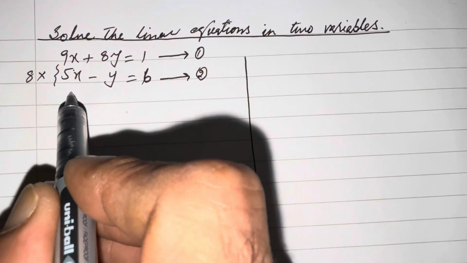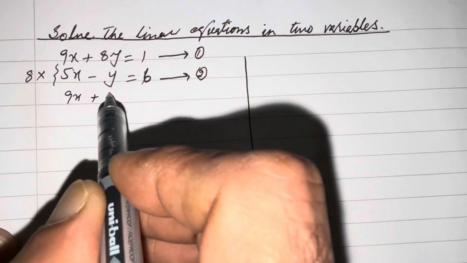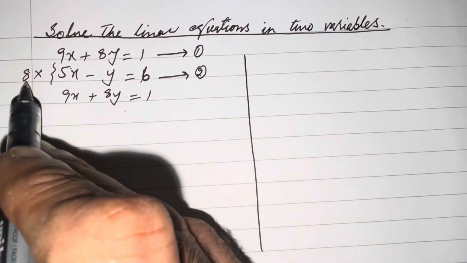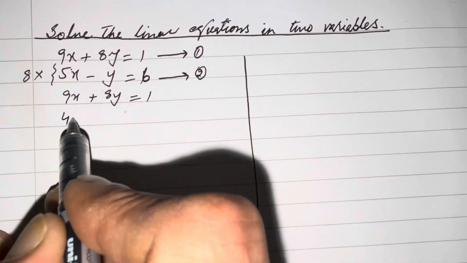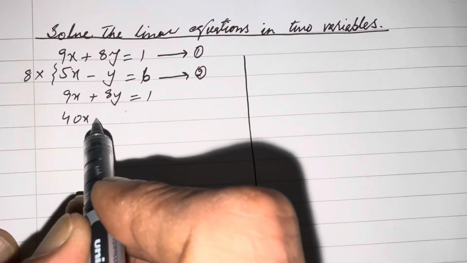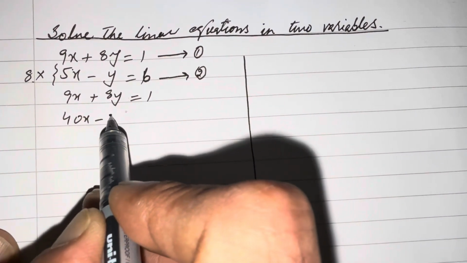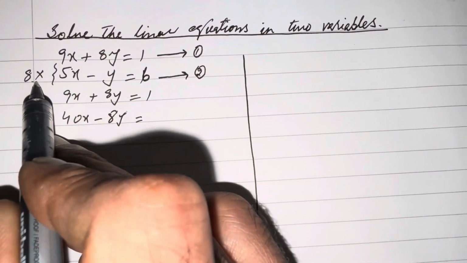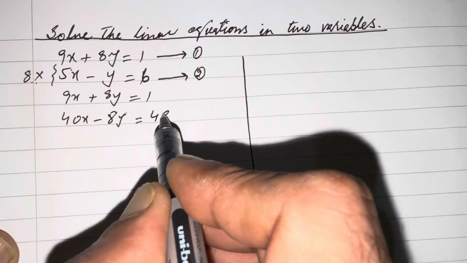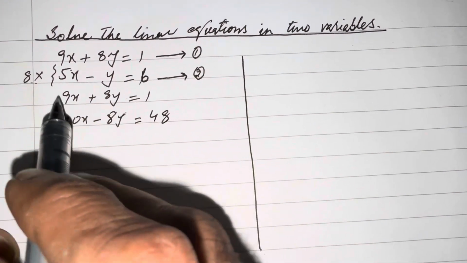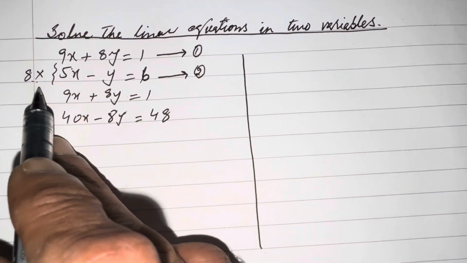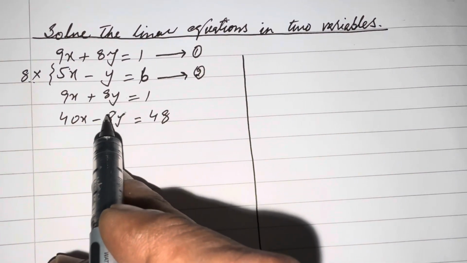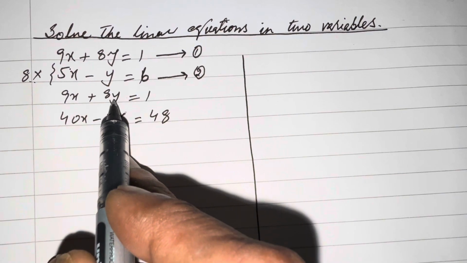So the first equation will be written as it is, 9x plus 8y is equals to 1, and the second equation will become 8 5s are 40x minus 8 1s are 8y is equals to 8 6s are 48. So that's the way. If we multiply the second equation with number 8, we get the same coefficient with y variable.